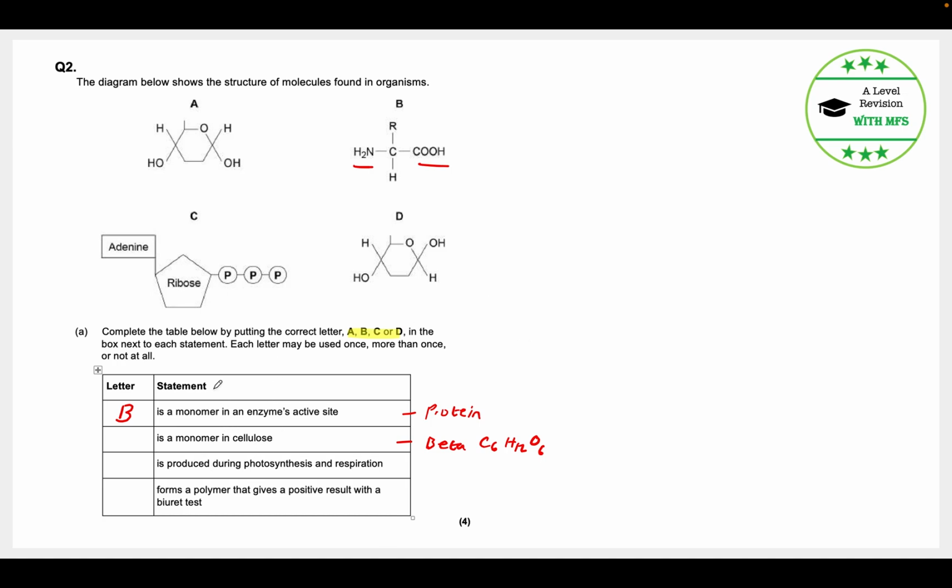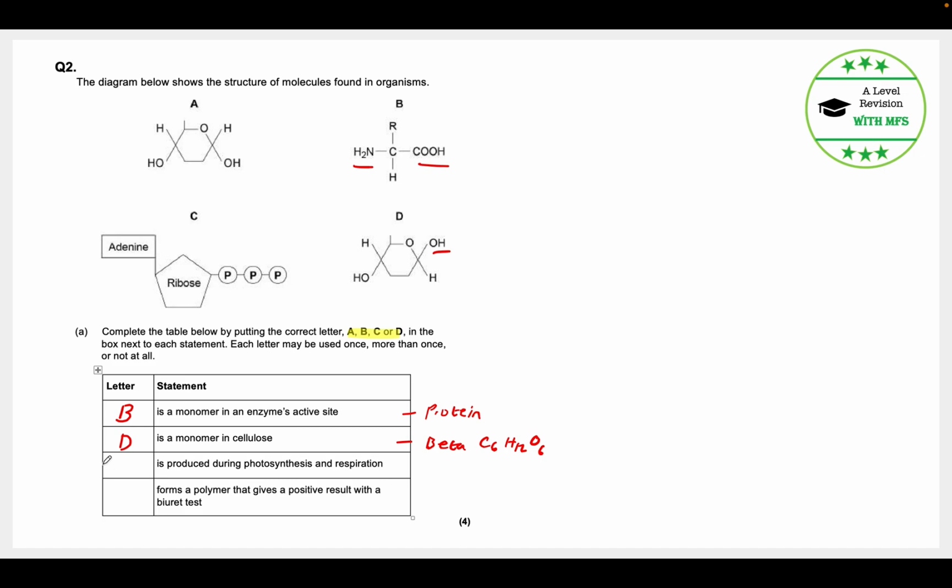So if we look at cellulose, we know it's beta glucose, so we know that the OH group must be at the top. So OH group is at the top over here, so we know that the second one is going to be D.